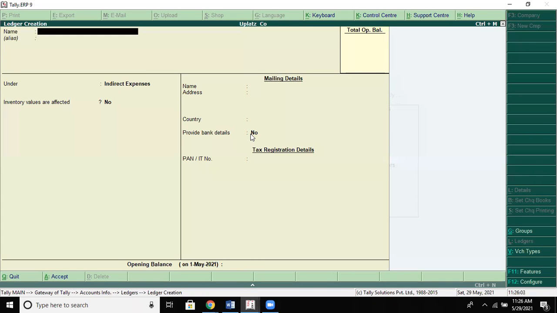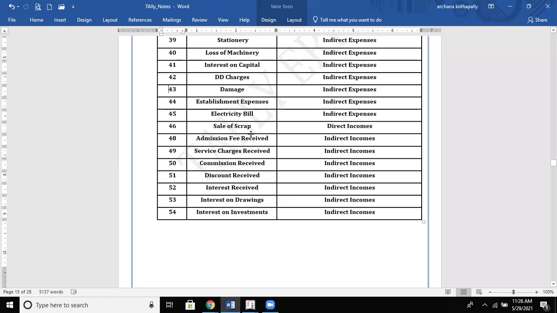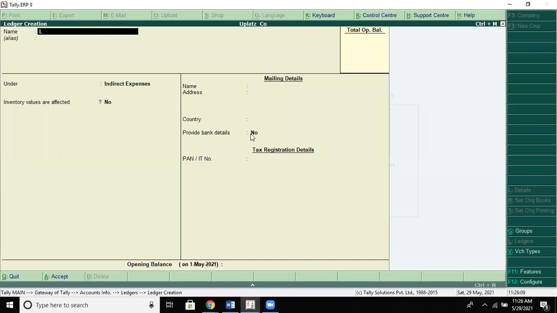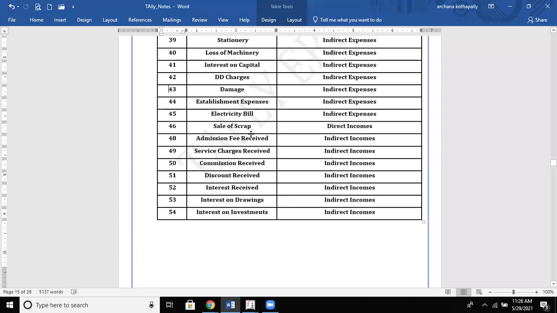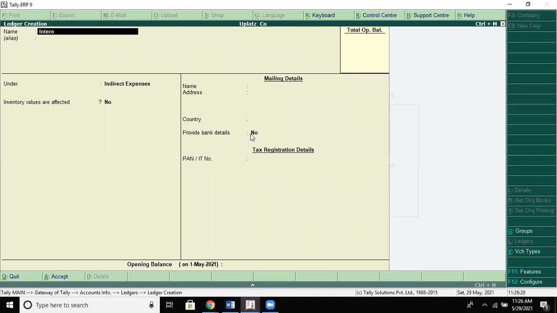Indirect expenses. Loss of machinery, nothing but loss on machinery. So whenever you're disposing of an asset, we do come across a loss, scrap and all, right? So here you're going to record it.